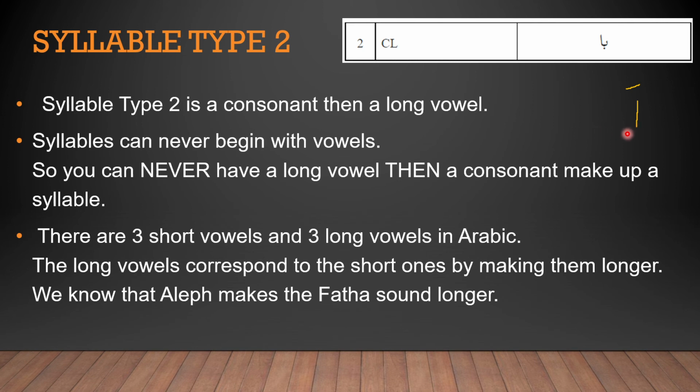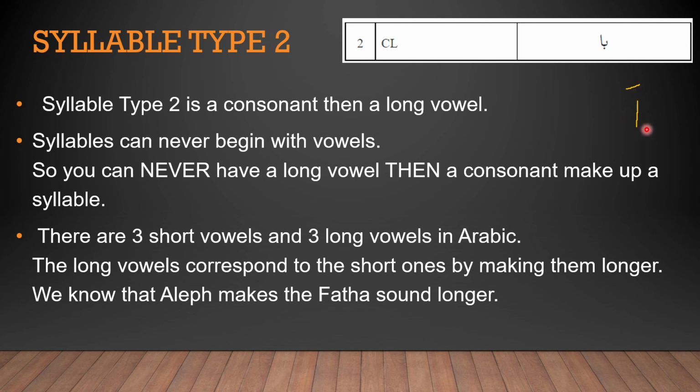When alif has another vowel on top of it, it's called a consonant. When there's no vowel on top of it, it is known as a long vowel. So when alif is by itself, with nothing on top of it, it is a long vowel. But if there's another vowel on top of alif, it is a consonant.